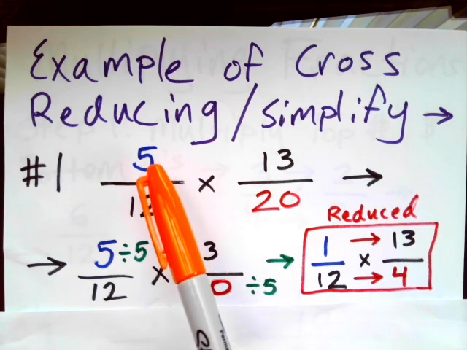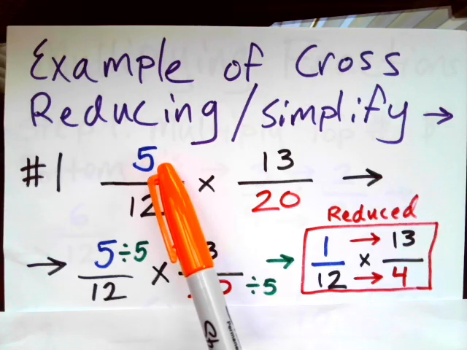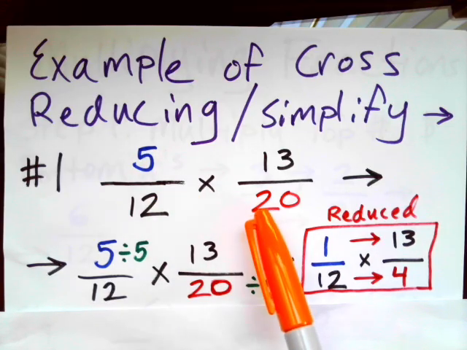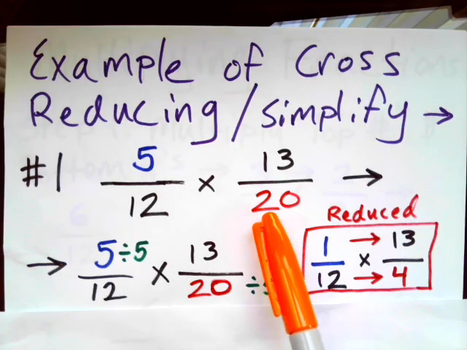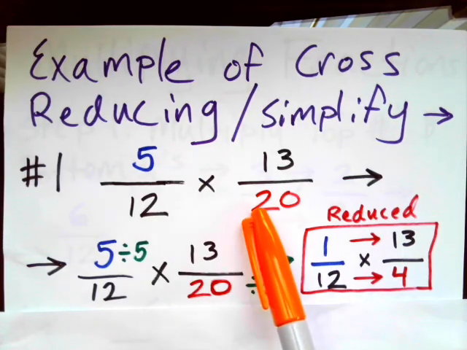Well, I recognize 5 divided by 5 would give me 1. And I know 20 is a multiple of 5. 5 times 4 is 20. So I can divide 5 into both of these terms.